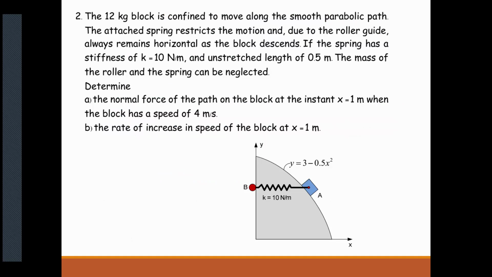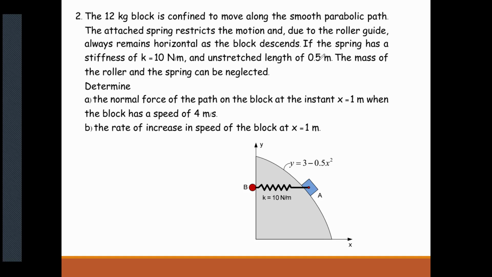The spring has a stiffness of k equal to 10 Newton per meter and an unstretched length of 0.5 meter. The mass of the roller and the spring we can neglect.